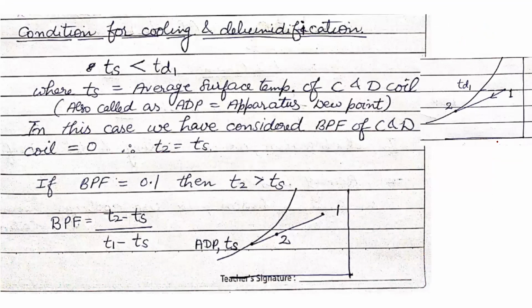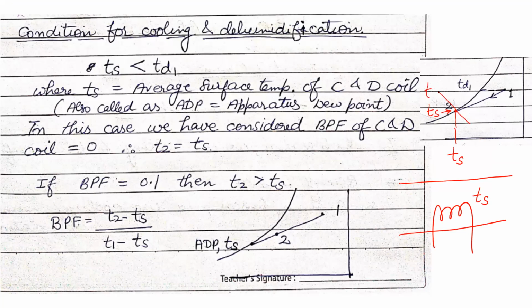So what is the condition for cooling and dehumidification? I have already told you about the temperature of the coil. This is the coil here, its surface temperature is Ts, and Ts is at this particular point. You can read this temperature from here, or from the dry bulb temperature line or wet bulb temperature line also.